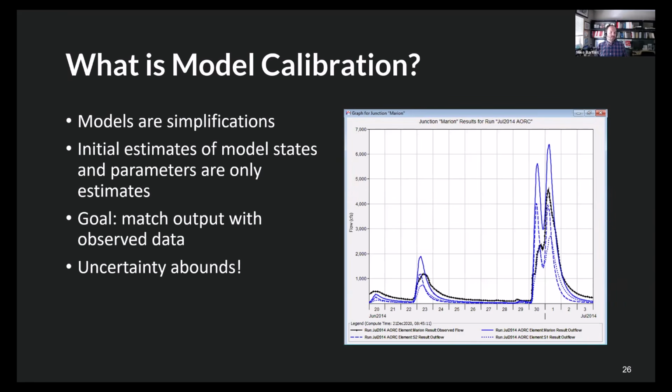Uncertainty abounds in modeling. It's difficult to divorce yourself from these processes, and even in a larger sense, we don't really know flow everywhere either. If you ask anybody who operates gauging stations, or especially gauging networks where there's a whole bunch of different locations, they'll tell you, man, there's a ton of uncertainty in that black line that I'm comparing against here as well.